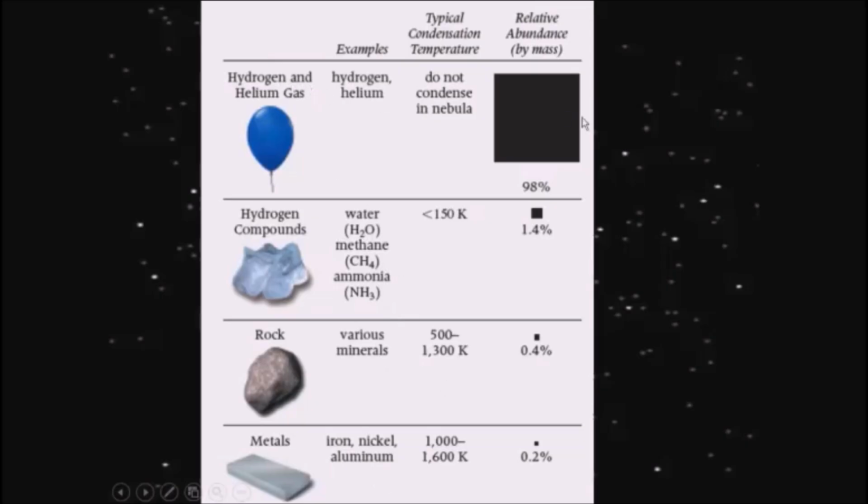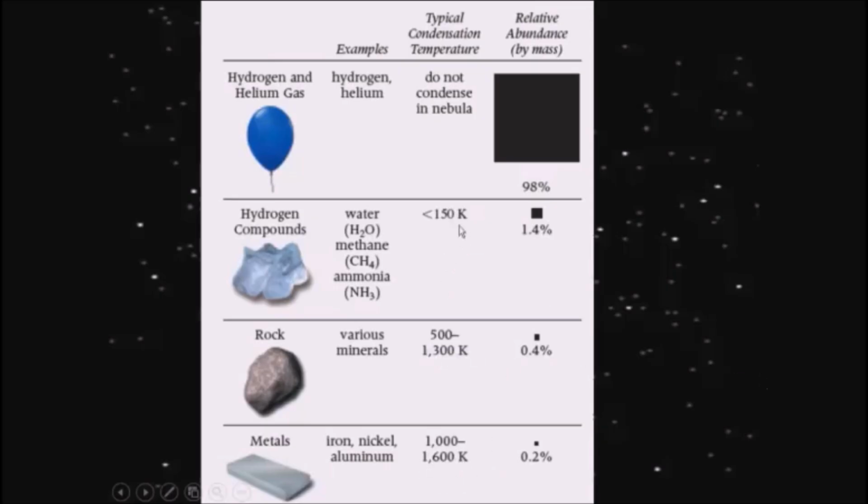And the reason being that if you look at these temperatures, about 150 K, this is Kelvin, remember, you end up with the 1.4% of mass of water, methane, and ammonia will actually condense out. Rock needs about 500 to 1300 and 1000 to 1600 to condense out.